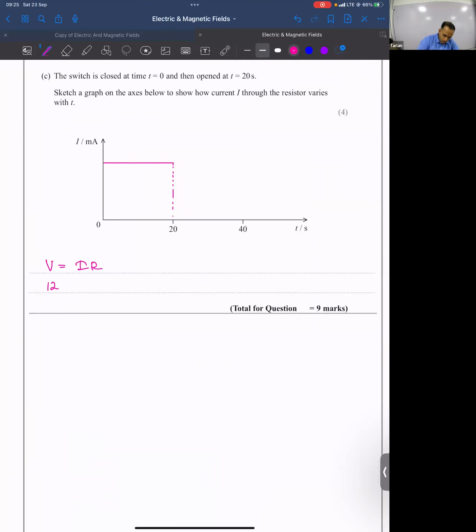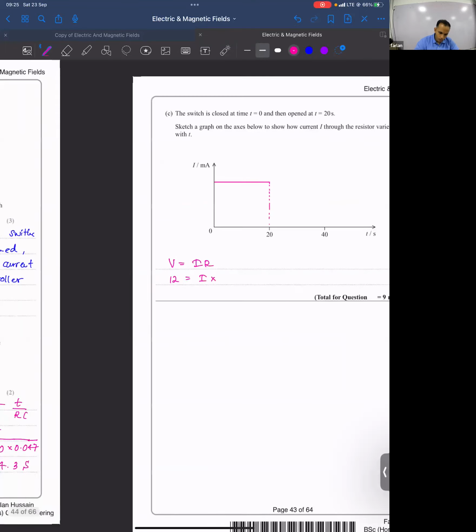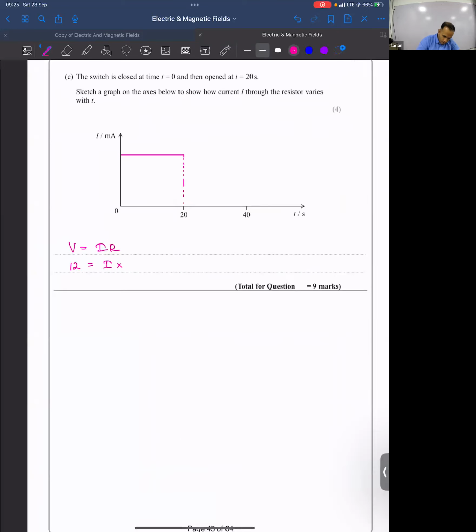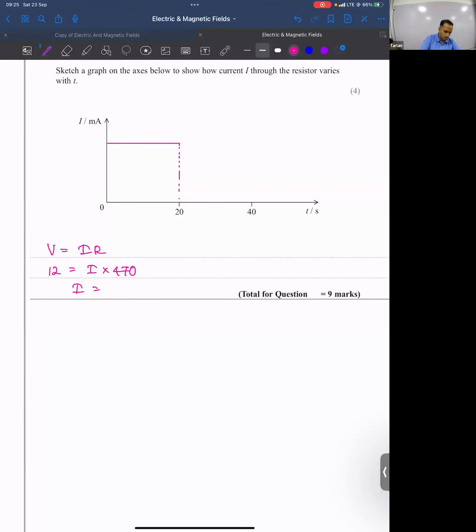I is 12 divided by 470, which is 0.0255 amperes. Multiplying by 1000, I'm getting 25.5 milliamperes.